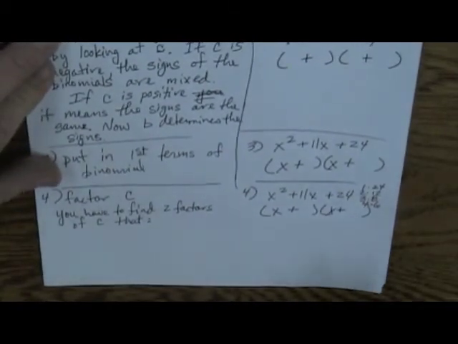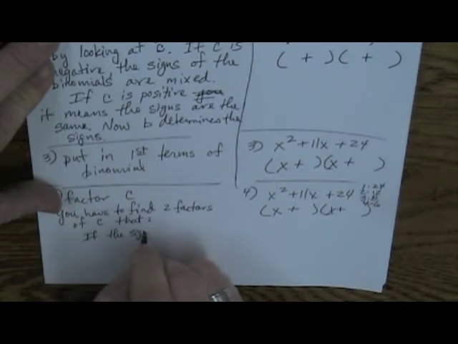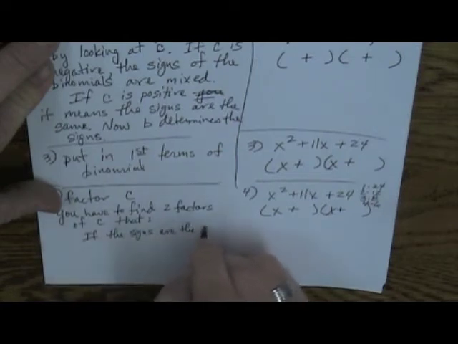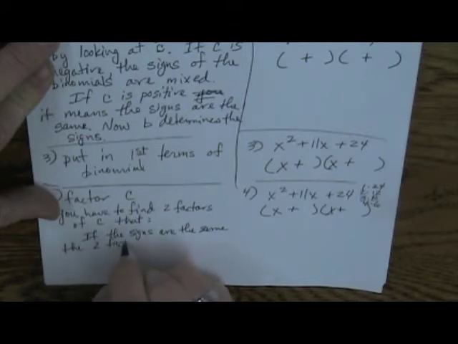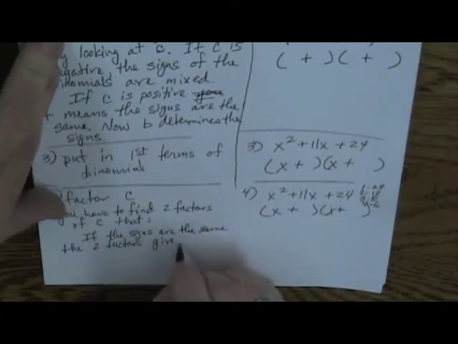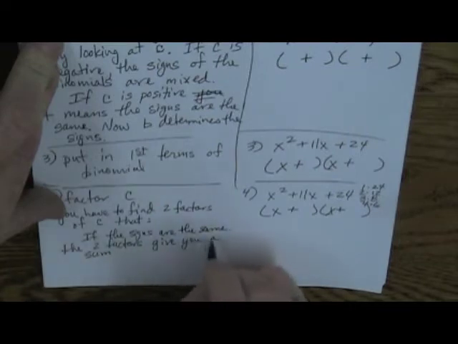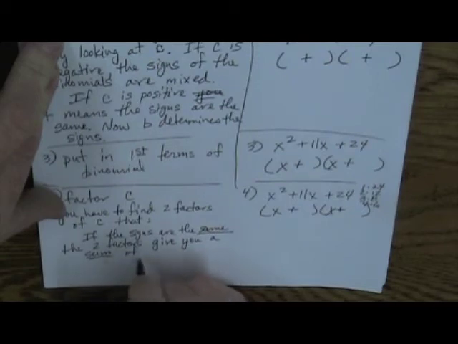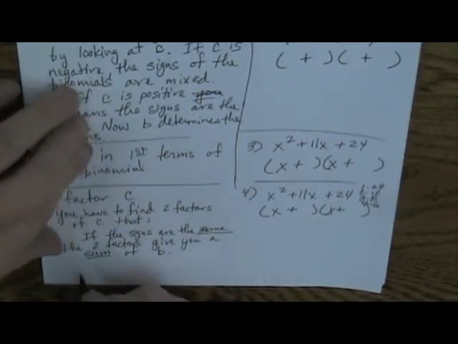If the signs are the same, like they are in this case, the 2 factors give you a sum of B. And I want you to underline same and sum, because that's the key. If the signs are different, a B, yeah.